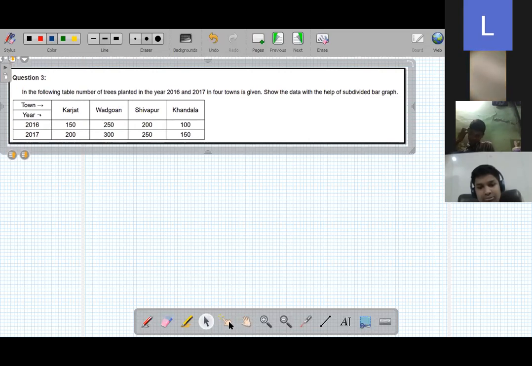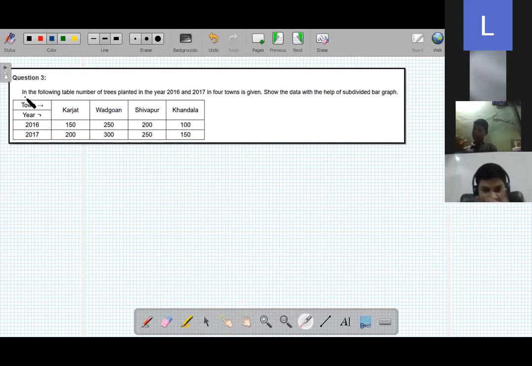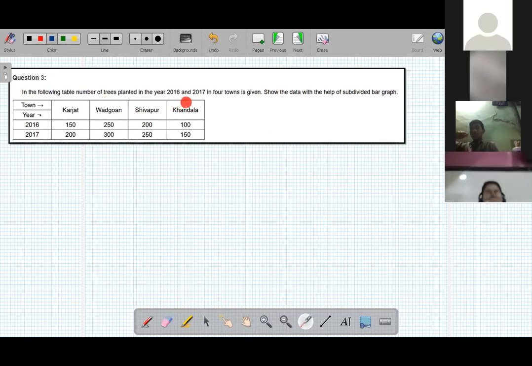So in the following table, number of trees planted in the year 2016 and 2017 in 4 towns is given. Show the data with the help of subdivided bar graph. Okay, so tree plantation is given in 4 towns: Karjat, Vadgaon, Shivapur and Khandala.